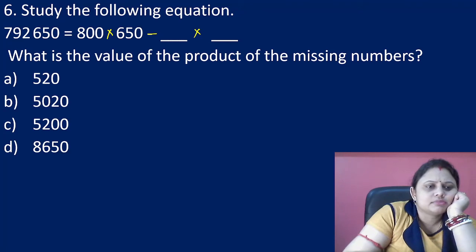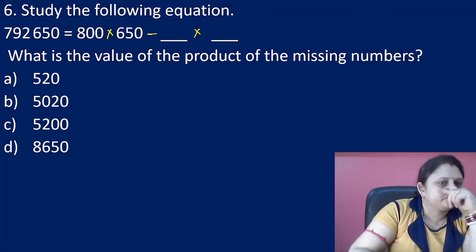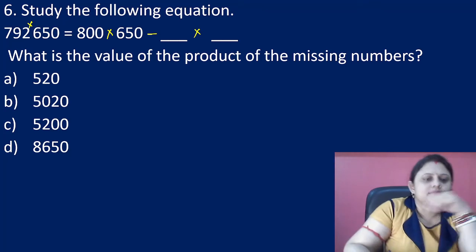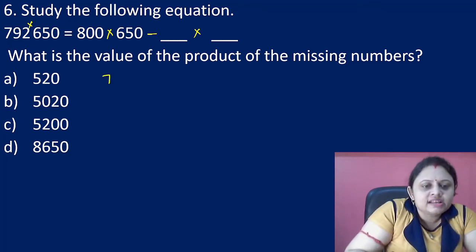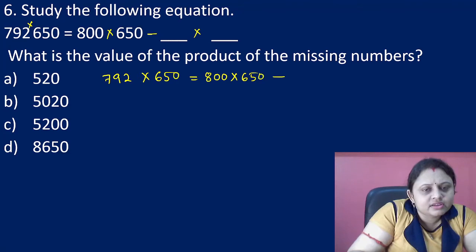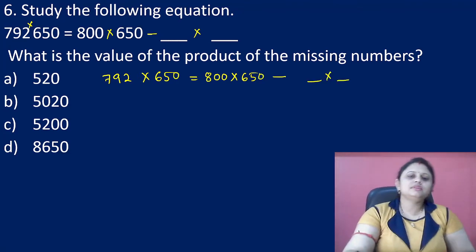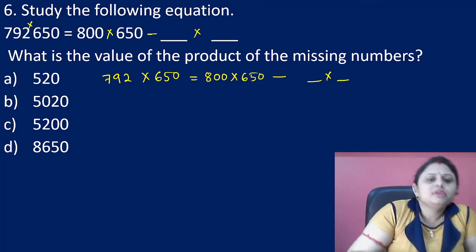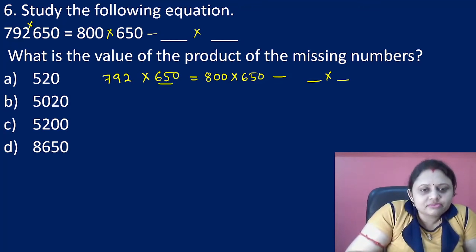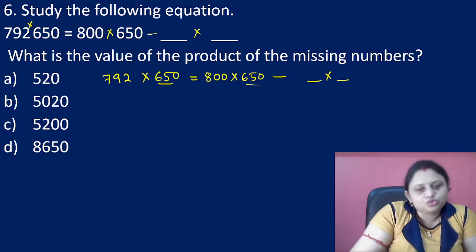आई थिंक इसमें थोड़ा डिफरेंट है. I am writing the question again. 792 into 650 is equal to 800 into 650 minus dash into dash. Okay, this is our question. Here 650 is present, here also 650 is present, but what is present here we don't know.